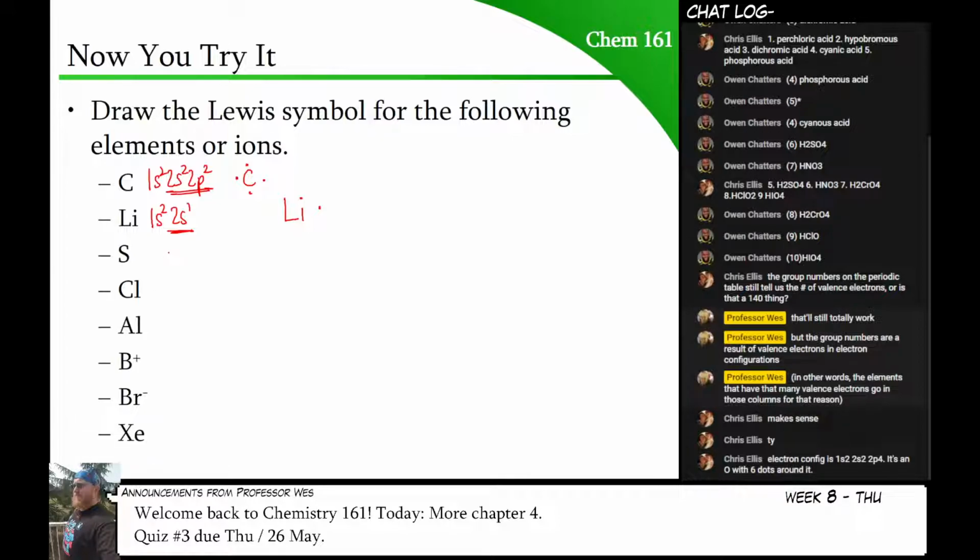All right, I need a periodic table to do these, so I should probably not be just trying to do them from memory. There we go. Where's sulfur? Sulfur is neon 3s2, 3p4. So that means that I would have 6 valence electrons.